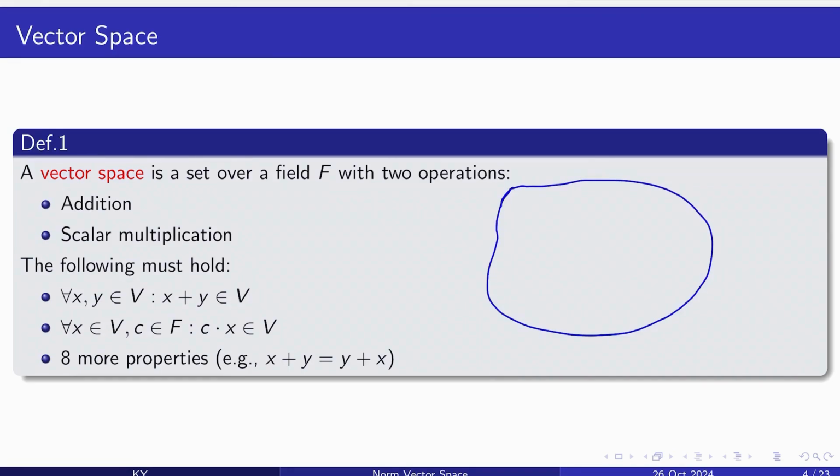The visual representation looks like this. You have a vector space, and say that you have a single vector x, another vector y, and you try to add these vectors and you get another vector.